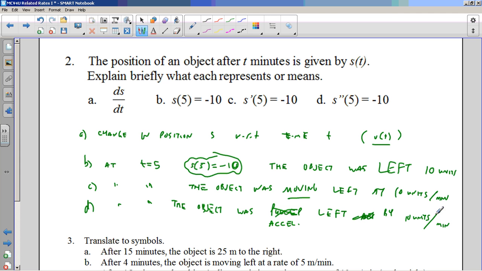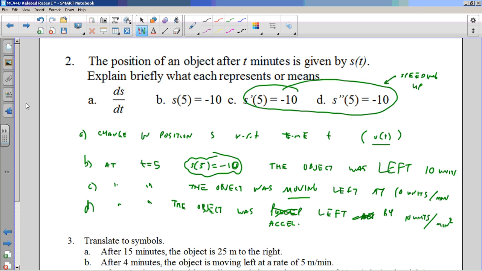This per minute would be 10 units per minute squared. That's the acceleration. And so that means it was left, being pulled left, and accelerating left. Remember, when the two are together like this, if it's moving left and being pulled left, we can say that it's actually speeding up. When the acceleration and the velocity are in the same direction, it's speeding up. Okay, great.